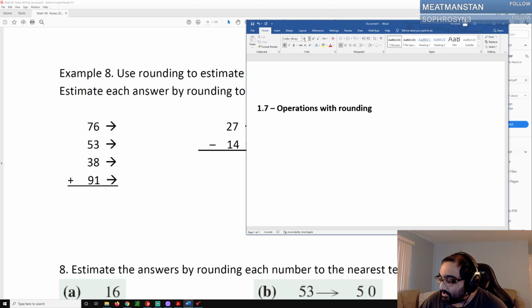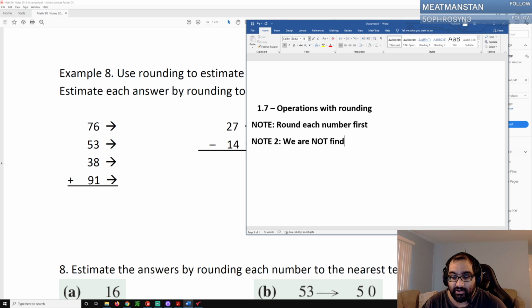Now, like I said, there's an exact answer to this, but we're not finding the exact answer. Just a note here, we're going to round each number first. Note number 2, we are not finding the exact answer. That's important there.